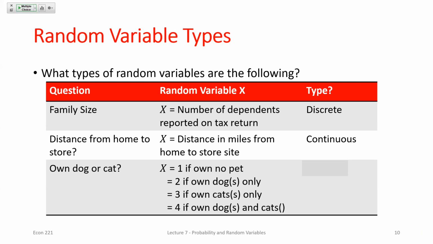So now when I'm thinking about the random variable of pet ownership, it takes on these different qualitative responses, but I can just code those as 1, 2, 3, and 4 and say, okay, the probability that someone doesn't own a pet would mean the probability X is equal to 1. So we can convert qualitative variables into quantitative variables just by assigning those different outcomes that we could see with numbers, typically starting at 1 and progressing. Right? So that would be a nice example where we turn a qualitative variable into a discrete random variable.